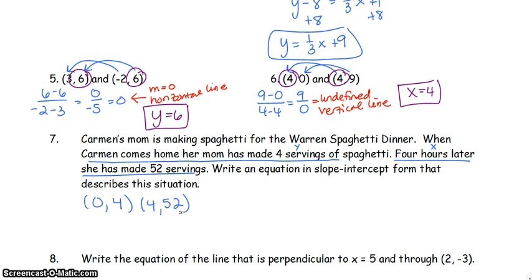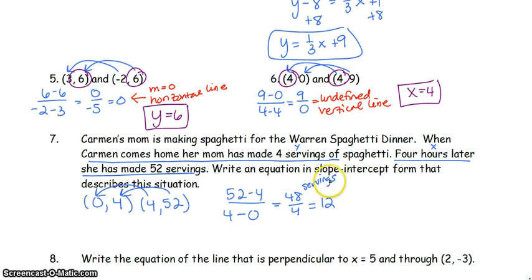From there, we go to find our slope: 52 minus 4, all over 4 minus 0. Remember, y2 minus y1, over x2 minus x1. That gives us 48 over 4, which is 12. And you've got to know that in this case, that's our rate of change, that's our slope. On top, we were doing servings.